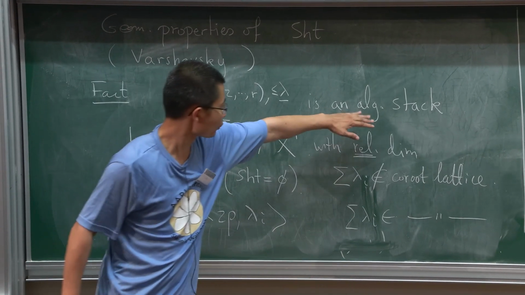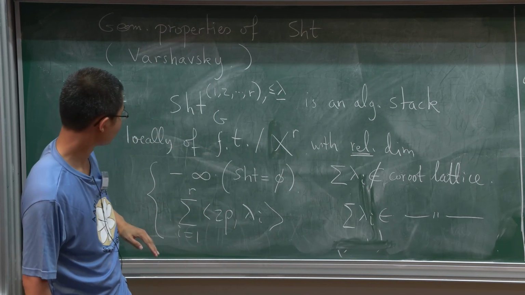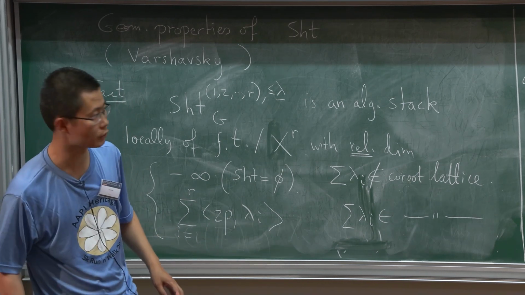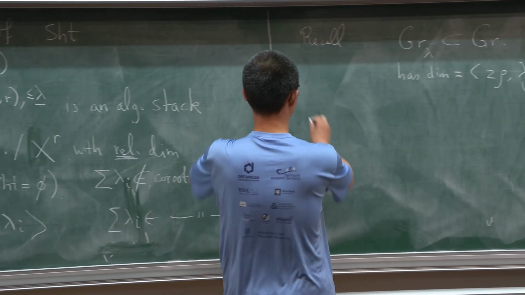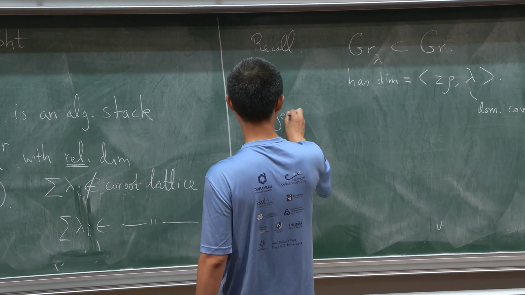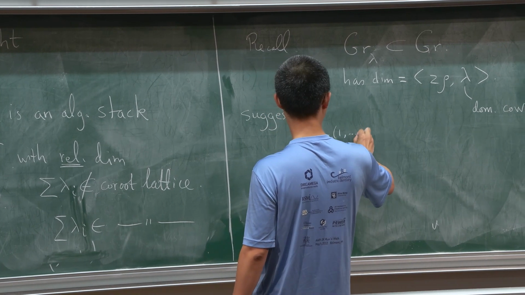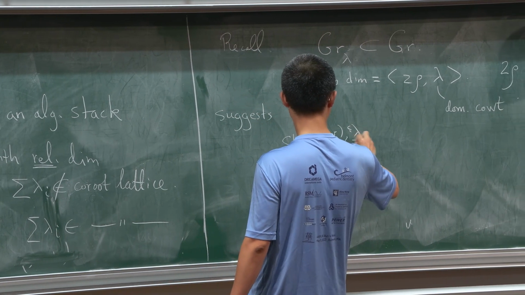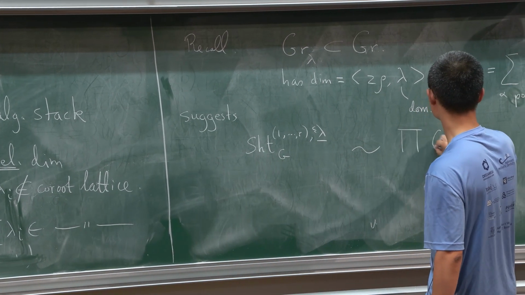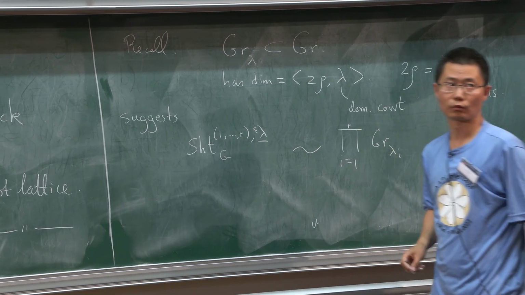Okay, so there's some general property: algebraic representability by an algebraic stack, locally of finite type. And then this dimension formula also suggests a close relationship between Shtukas and the Grassmannian, maybe just the product of these Grassmannians.